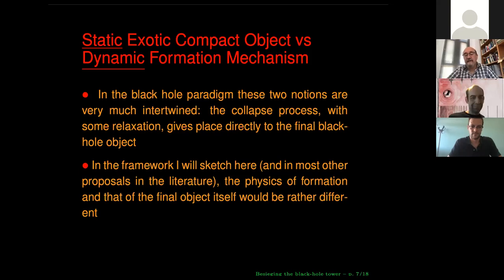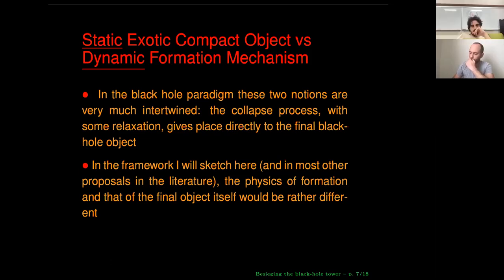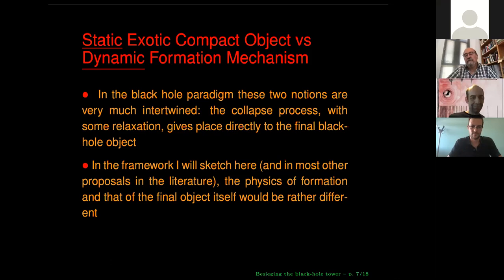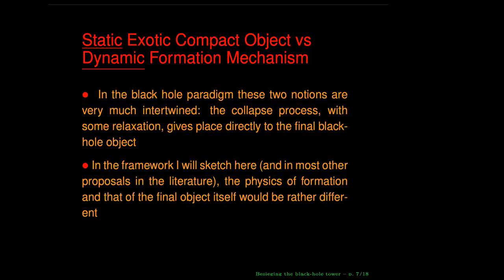Instead, in the framework I will sketch here, and I would say in most other proposals that suggest exotic compact objects, the physics that one has to understand when analyzing the figures of equilibrium, how these objects are, would be rather different from the formation mechanisms.